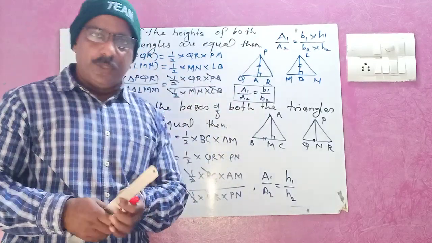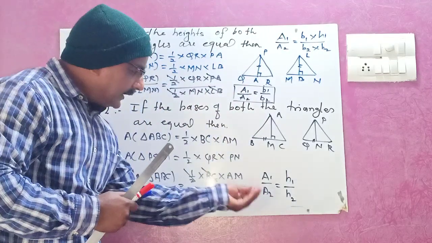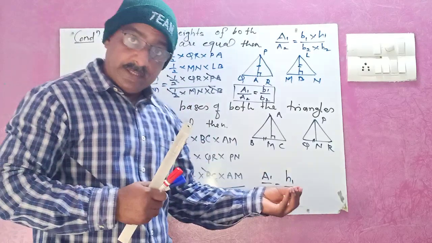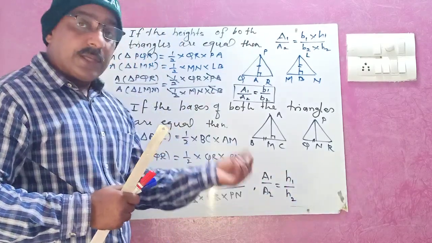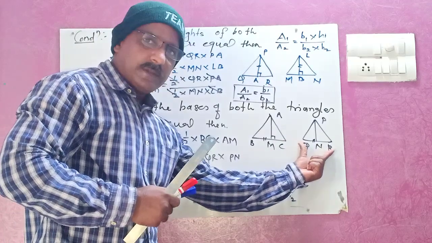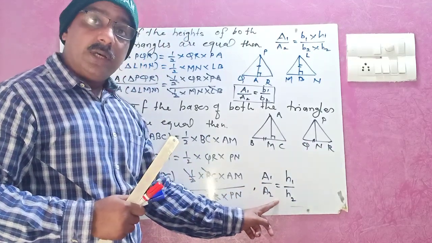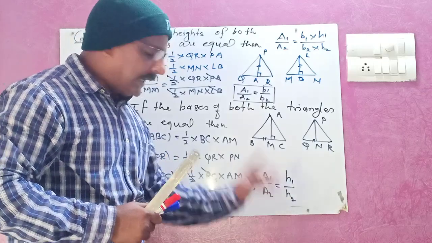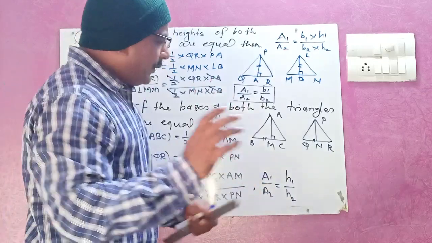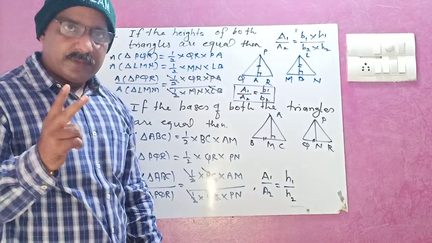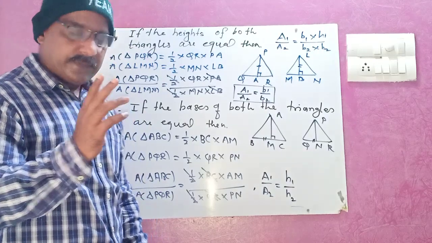A1 upon A2 is equal to B1 upon B2. Third case, when two triangles have equal bases, then the ratio of the areas is equal to the ratio of the corresponding heights.